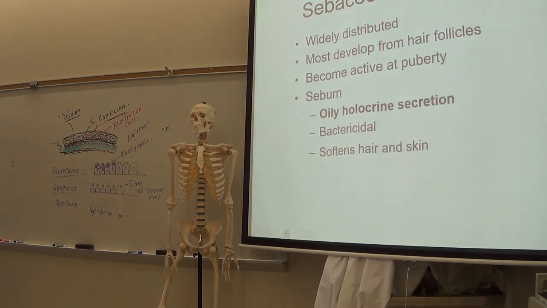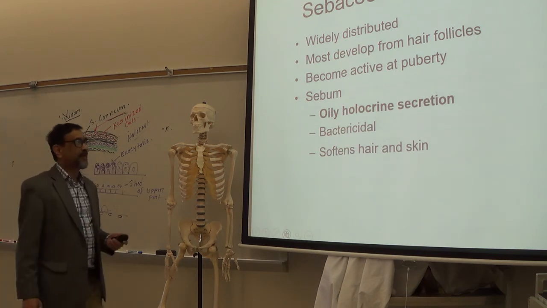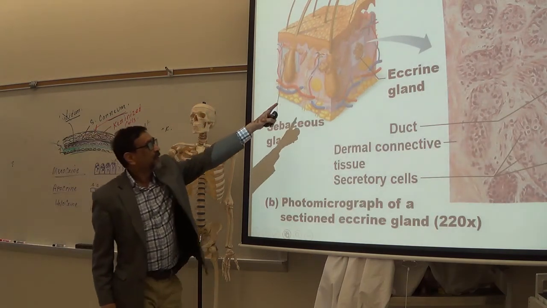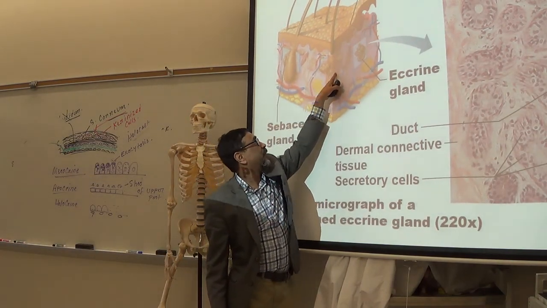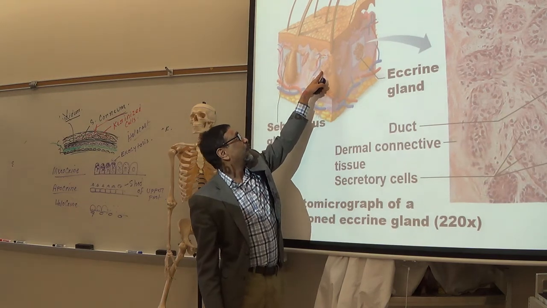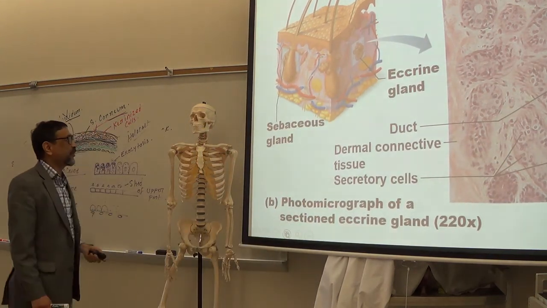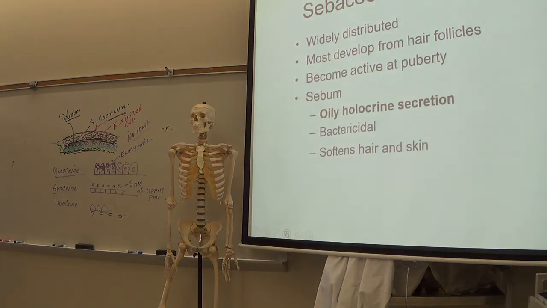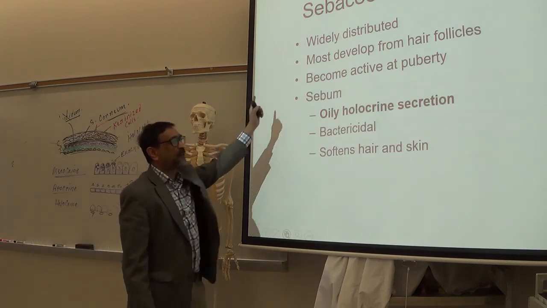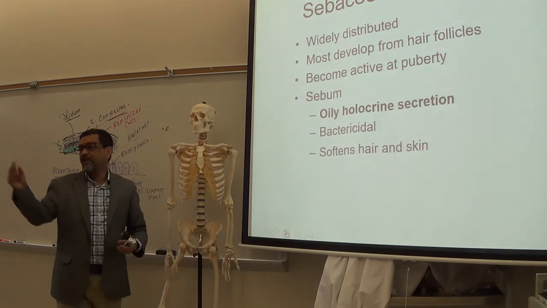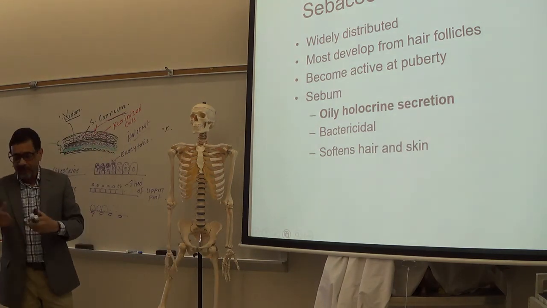The sebaceous glands are widely distributed and develop mostly from the follicles. You must remember the picture I showed you: sebaceous glands attached to the hair follicle. They grow from the follicles, and they become active at puberty. The secretion is called sebum.